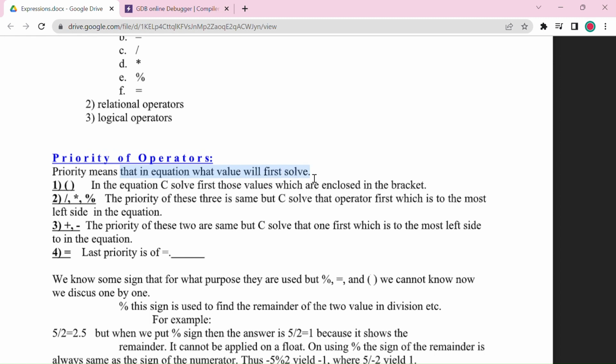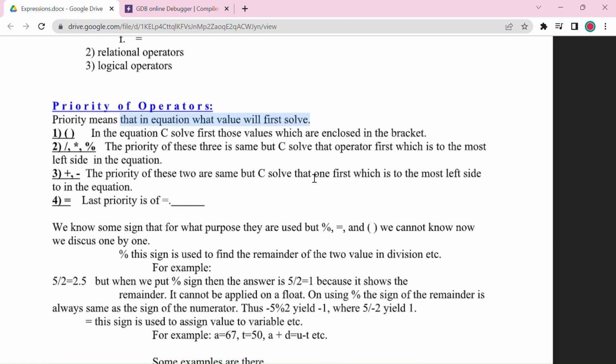You have come across BODMAS, a short form to remember which value will be solved first, and these are rules we use in basic mathematics as well.